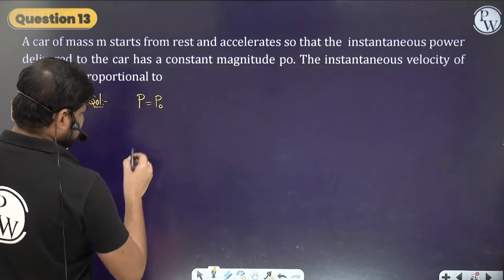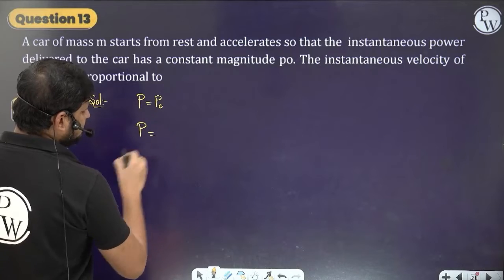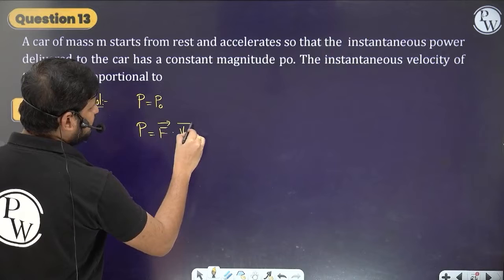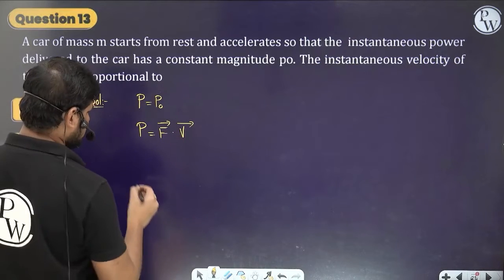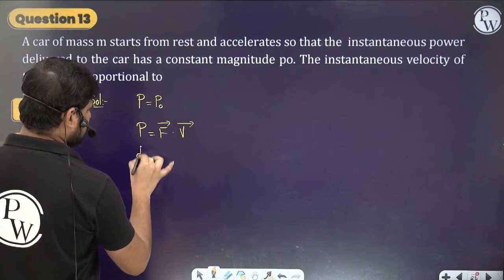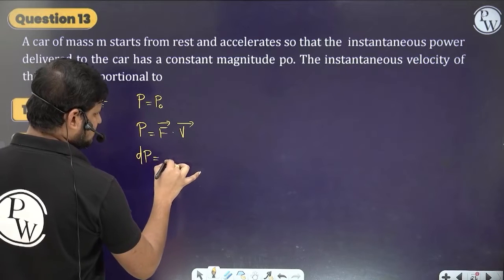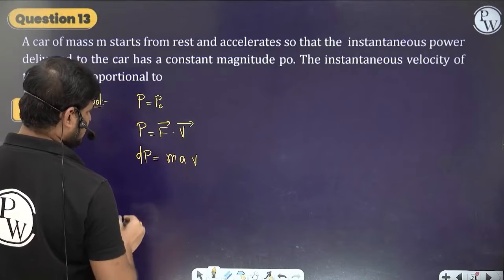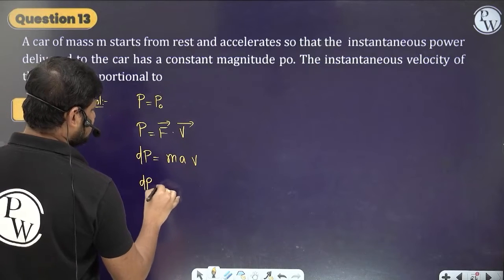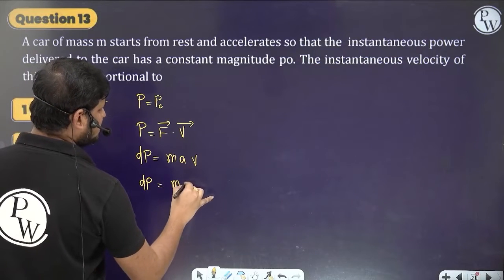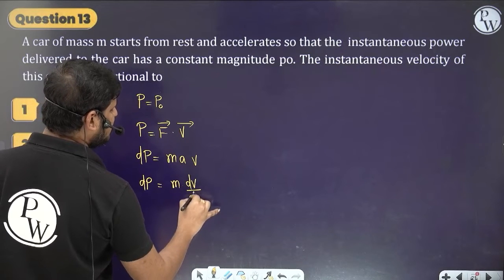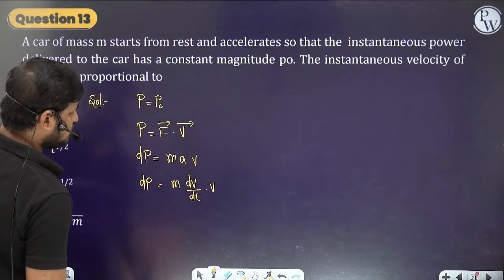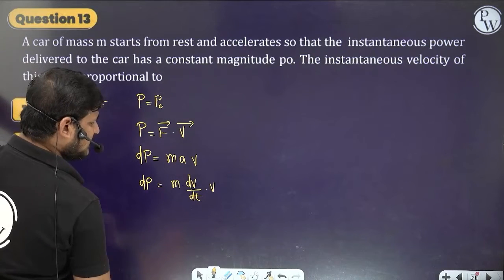So they are asking about the instantaneous velocity. I know that P is equal to F dot v. So let me write the very small power dP as m into a into v, right? Then dP is equal to m, in place of a I am writing dv by dt, into v. Let's integrate it on either side.